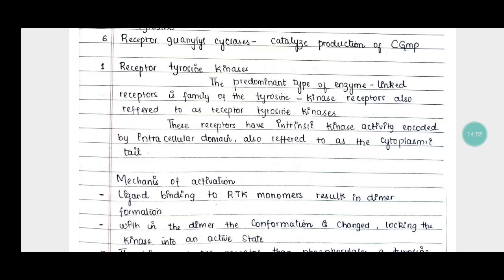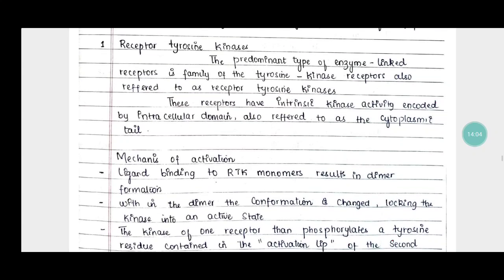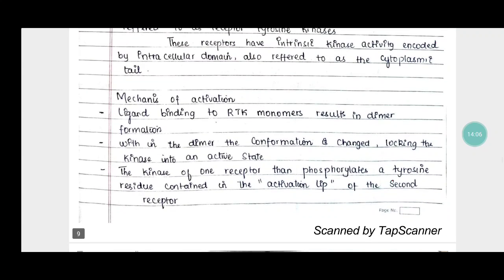The mechanism for activation of receptor tyrosine kinase is that ligand binding by receptor tyrosine kinase monomers results in dimer formation. Within the dimer, the conformation is changed, locking the kinase into an active state.